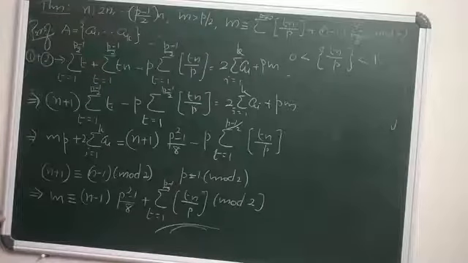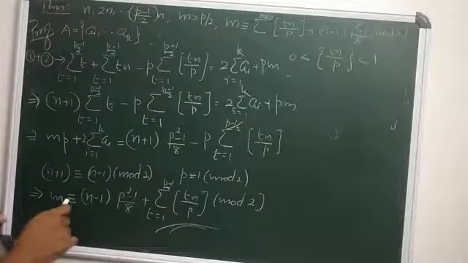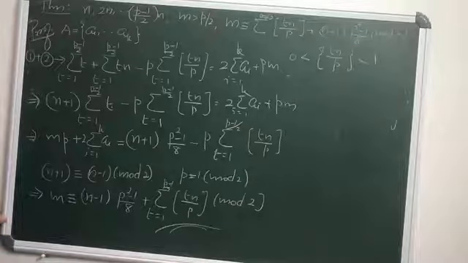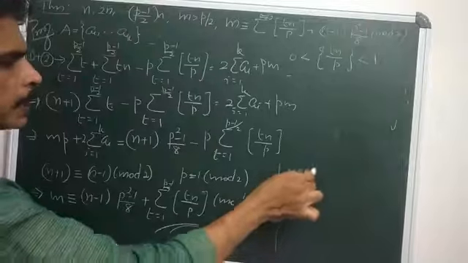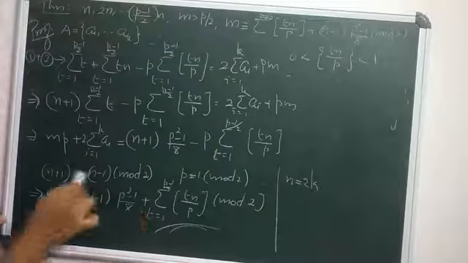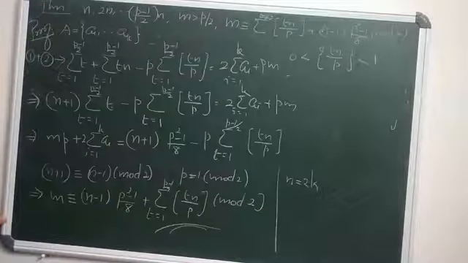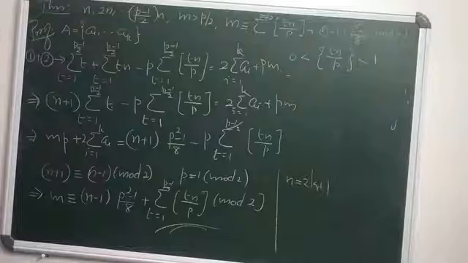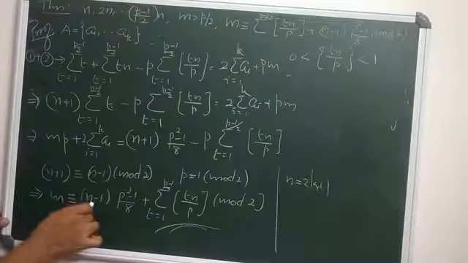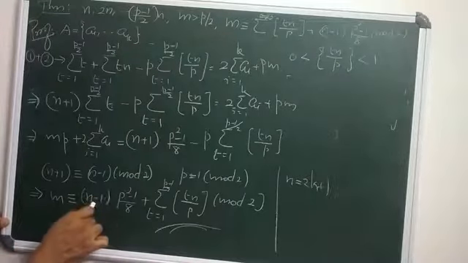Okay. Now, suppose n is odd, what happens here? That's the special case of this result. When n is odd, n equals k plus 1, and n minus 1 is always even, meaning n minus 1 is a multiple of 2.